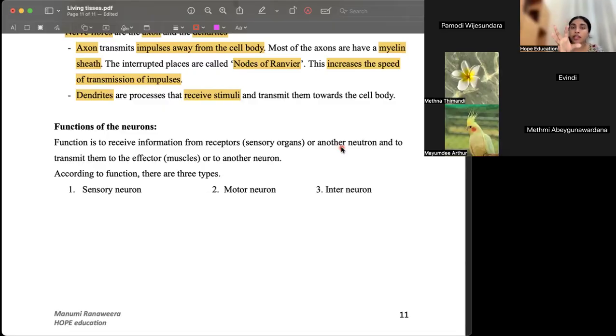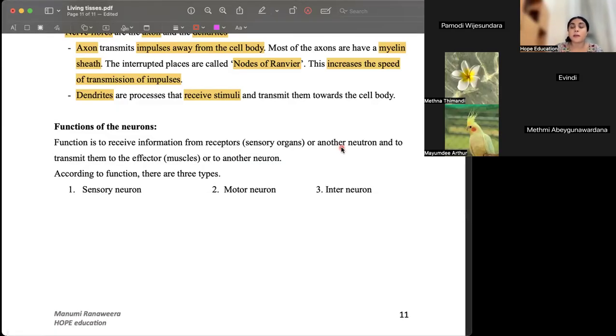So if you take one particular neuron, that neuron may receive information straight from a receptor, that is a sensory organ. Sensory organ එකෙන් information එන්නත් පුළුවන්. නැත්නම් එයාට කලින් ඉන්න neuron එකෙන් එයාට information එන්නත් පුළුවන්. Right? Then that neuron, what will it do? It will pass the information to another neuron, or it will pass the information to an effector. Remember effector?